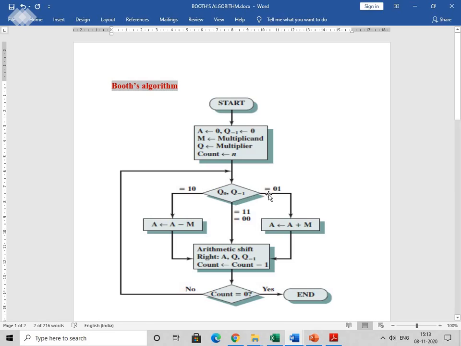If the Q0 bit is 0 and Q minus 1 bit is 1, then we are going to perform the addition of the content of A and content of M. A is a register which has been initialized to 0 at the start, and M is the multiplicand, right? So the addition result is stored in the A register itself.